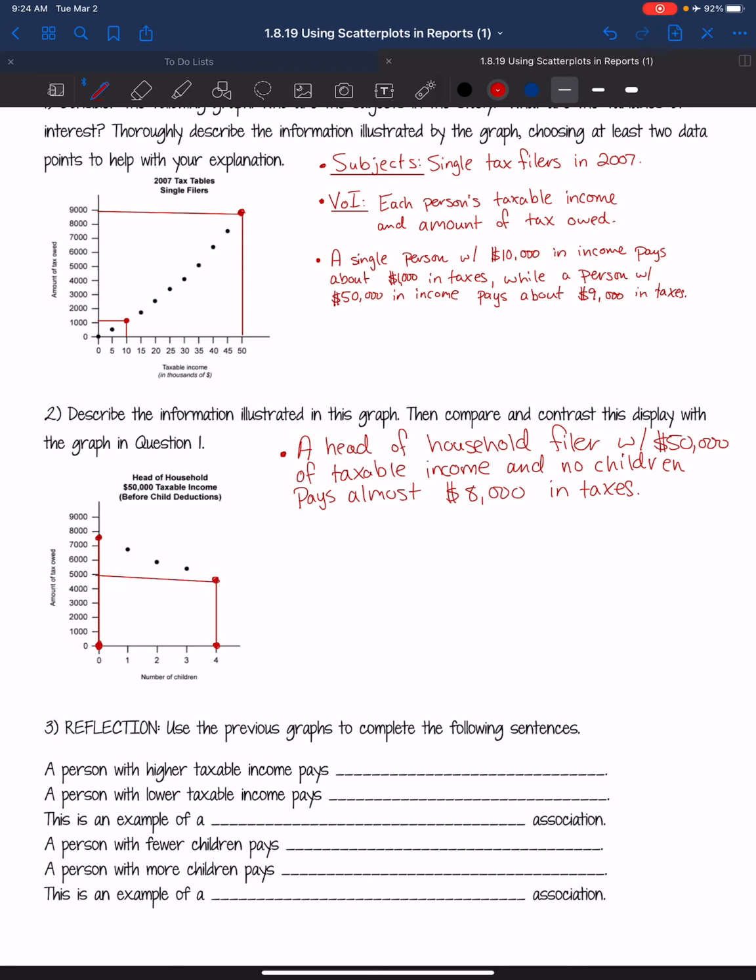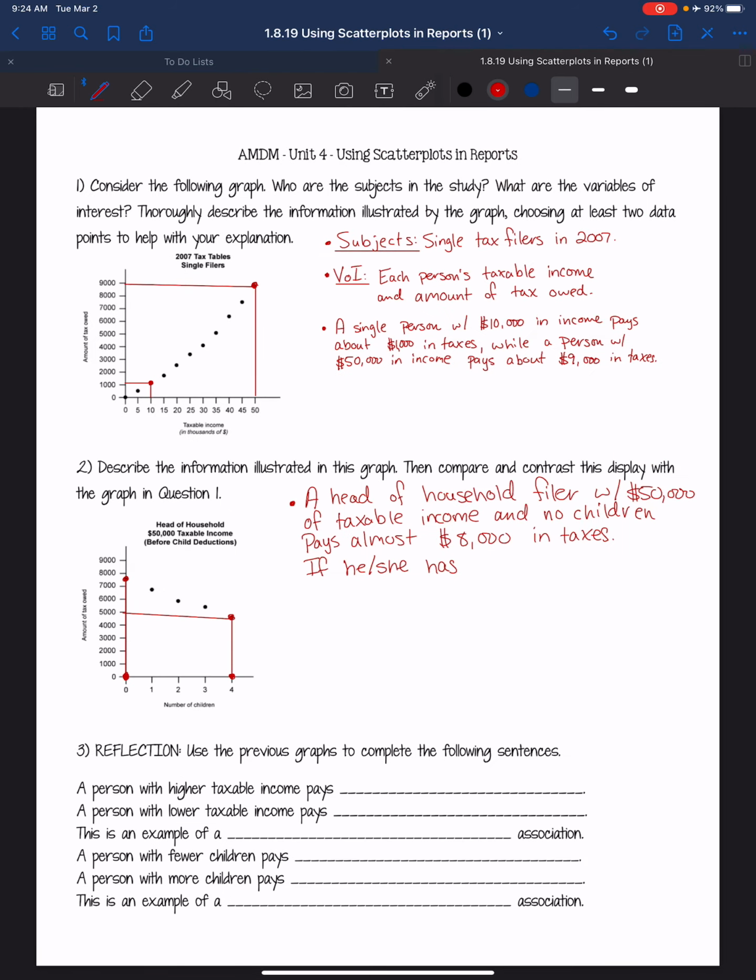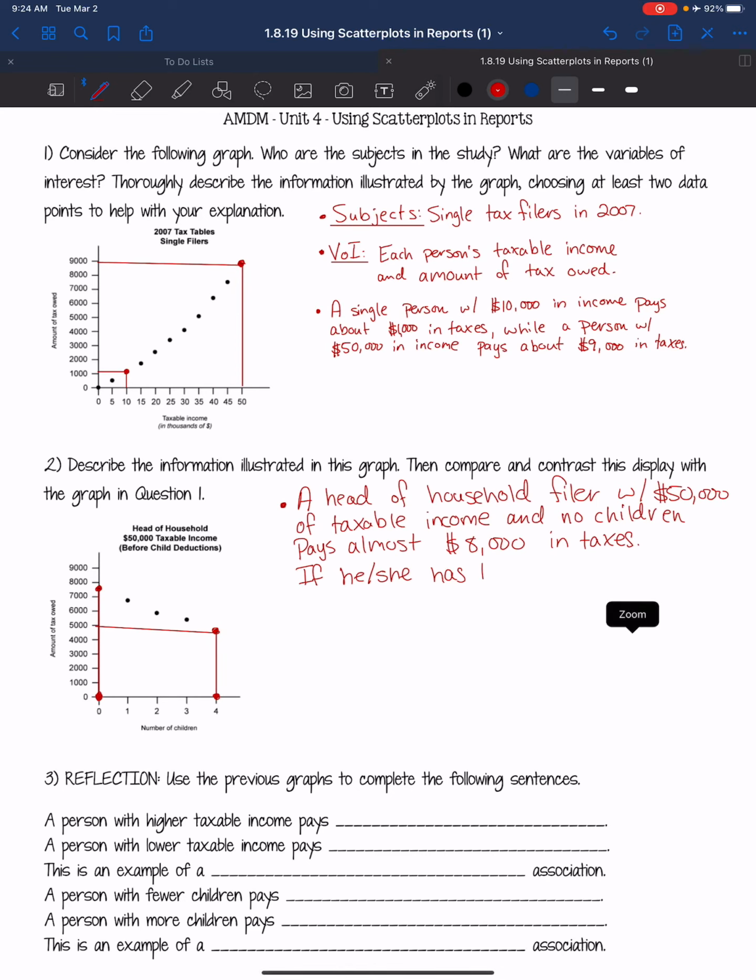So I'm going to write about that. So I'm going to say, if he or she has 4 children, they pay about $5,000 in taxes.